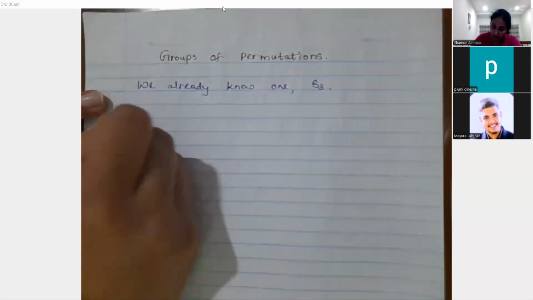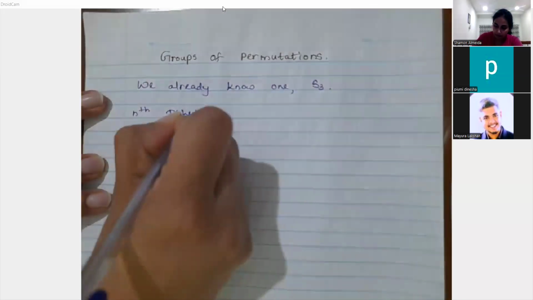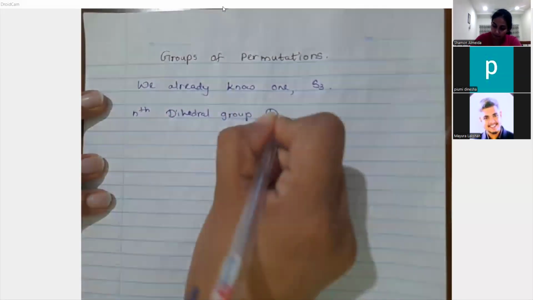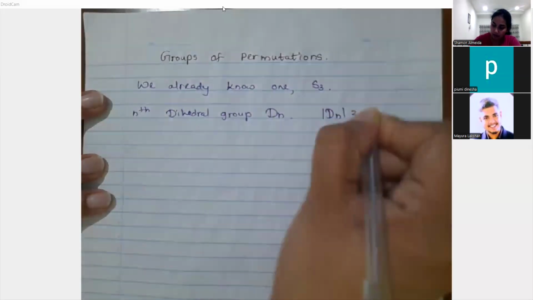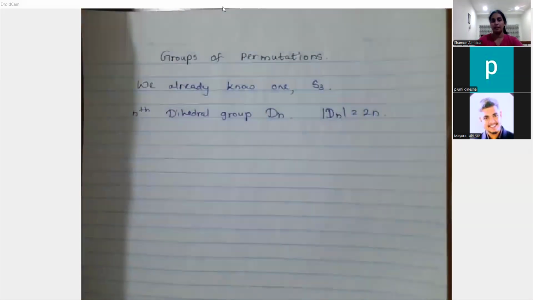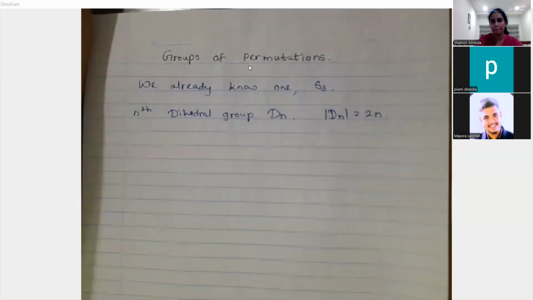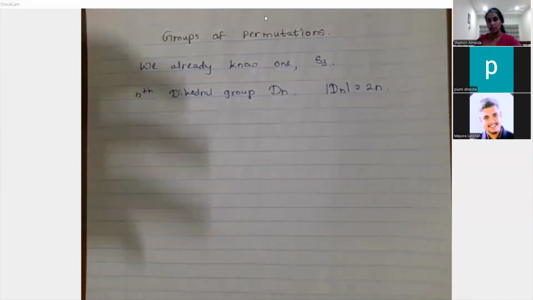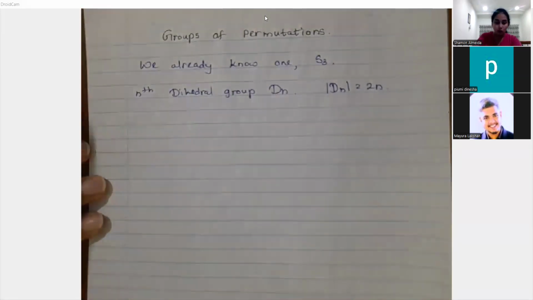So let's write nth dihedral group Dn, and it has order 2n, right? It has order 2n. Okay, nth dihedral group Dn. It's of order 2n. So what sort of a group is this?